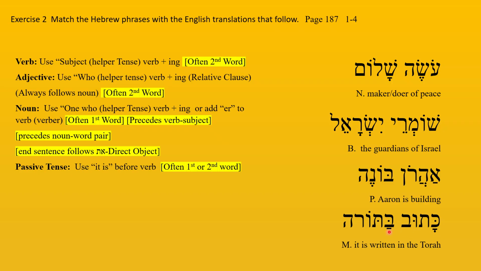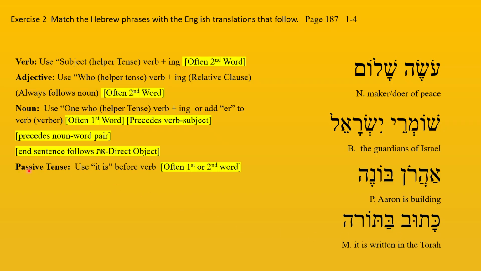Katuv batorah. All right. Their translation, it is written. And how do you know that that's right? Well, katuv, here's your participle, but you don't see the O, you see the oo in the third position. That tells you that this is a passive participle.